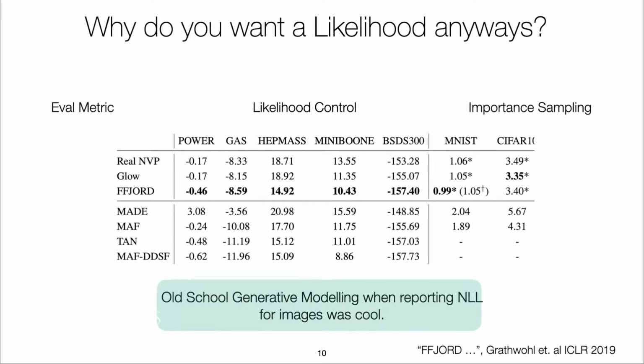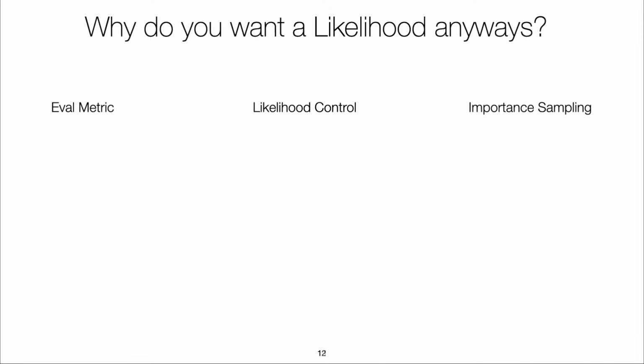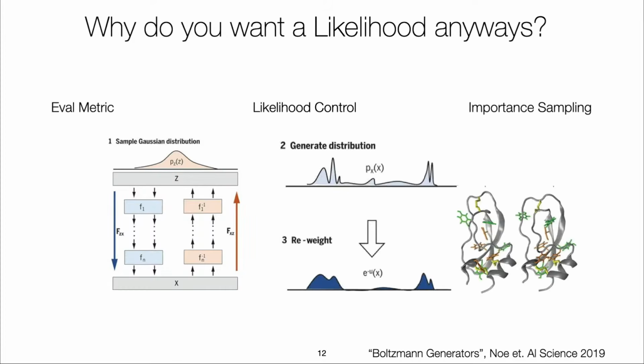So likelihood by itself is already a metric, but you can also use it for other things, such as likelihood control. You can use this to very fast steer your generative models, like diffusion models, if you could access that likelihood really quickly. Or you could also do stuff like importance sampling. You can generate something, and if you had access to a reward, you can resample your generated distribution to follow this Boltzmann distribution that you might have access to.